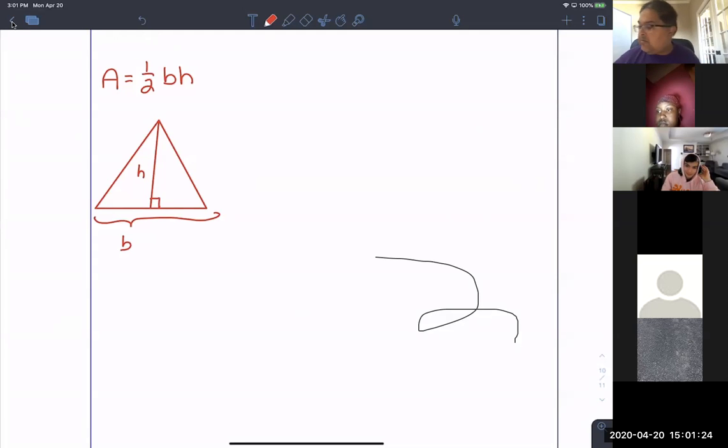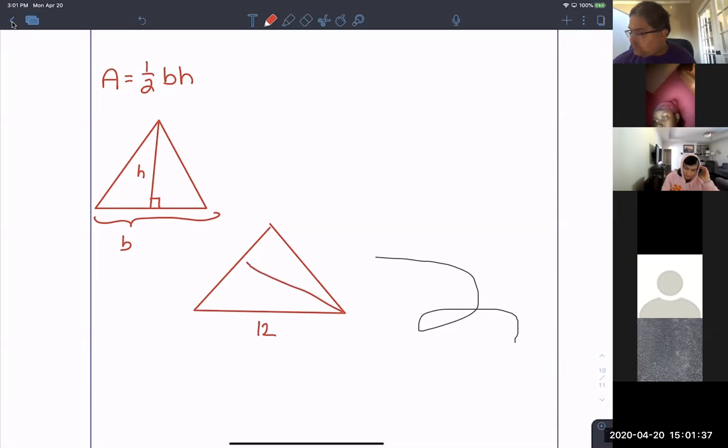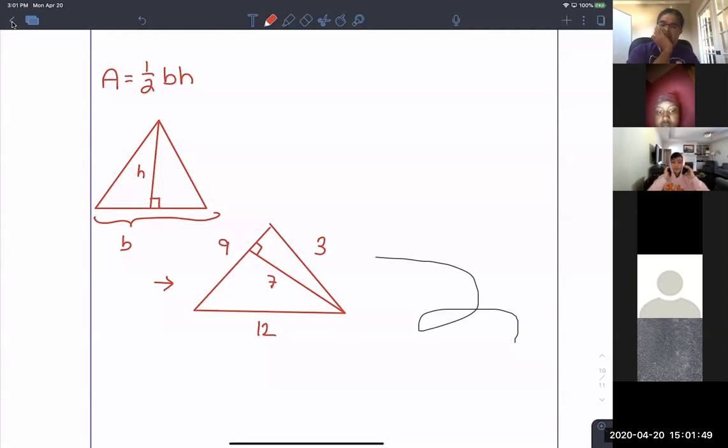Right? Now, for example, what would be my base and my height in this diagram?